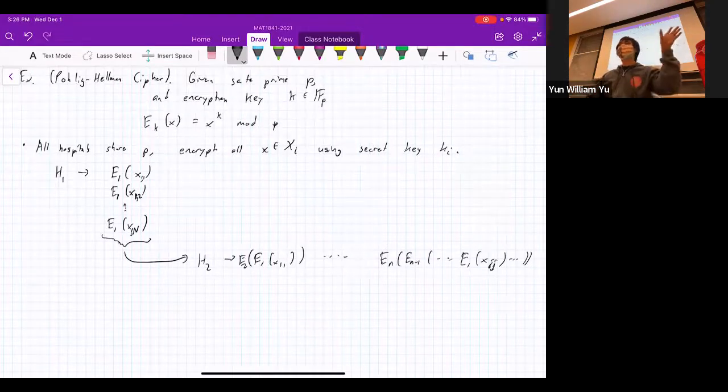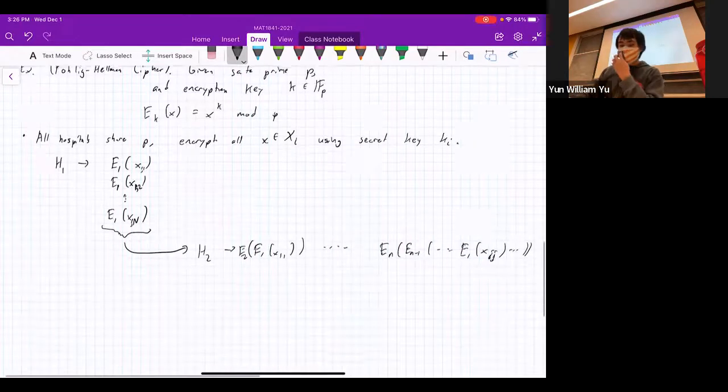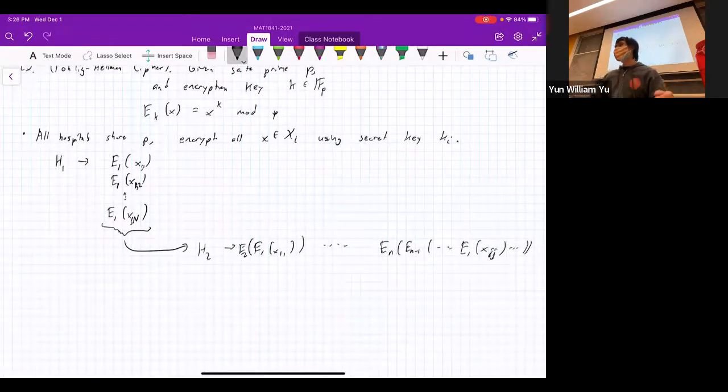If hospital 1 and hospital 2 had the same patient, after all these rounds of encryption they're going to know that that patient was in both hospitals, and you can remove that as a duplicate. Then you have all these things that you can't easily connect back to the original patient IDs, but you can still deduplicate these sets of encrypted IDs and just count the total number of encrypted IDs.